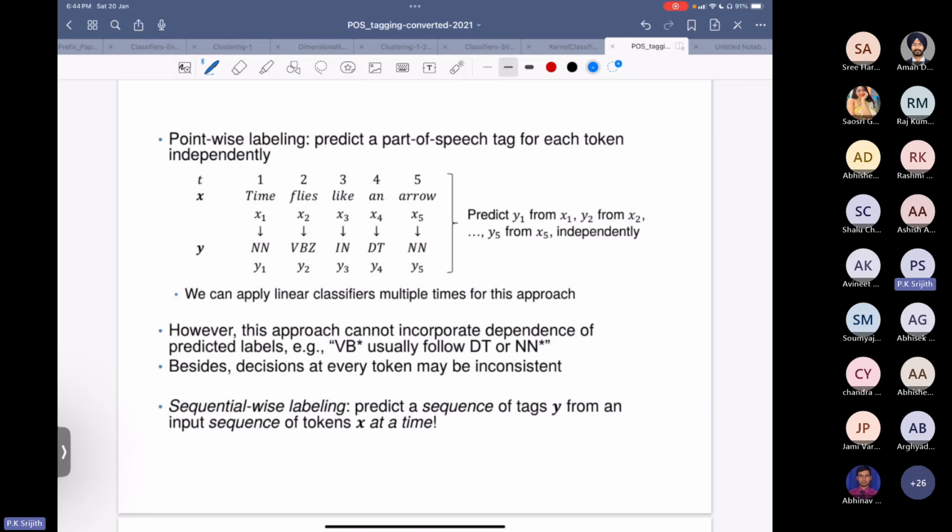So you don't have to specify a priori the length of the sentence, because the way they model things is by just considering dependencies with the immediate predecessor, which we call the first order Markov assumption, and that way it can work without having to specify the length of the sentence a priori.